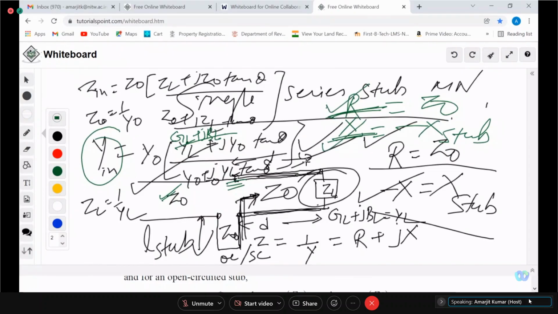For single series stubs, again a stub could be open circuited or short circuited at the end. So again those things you have to apply: the input impedance of a short circuited transmission line or open circuited transmission line.